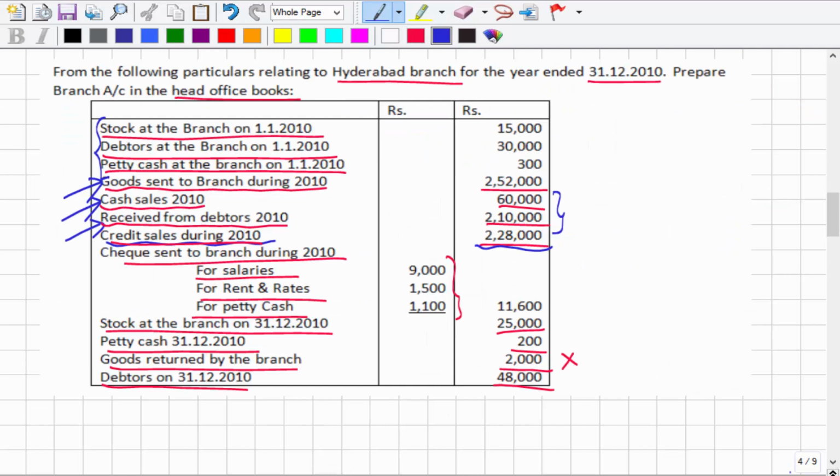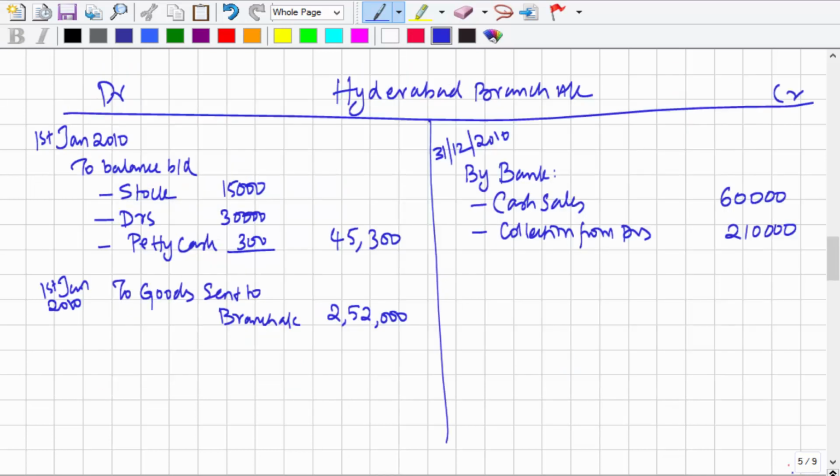Go back. Then we have checks sent to branch during 2010 for salaries, rent and rates and petty cash. So let's say this is happening on 1st Jan 2010. So we'll say to bank, and the bank entry is for salaries, then rents and rates, then petty cash.